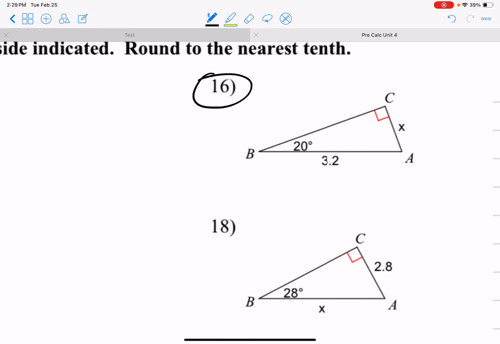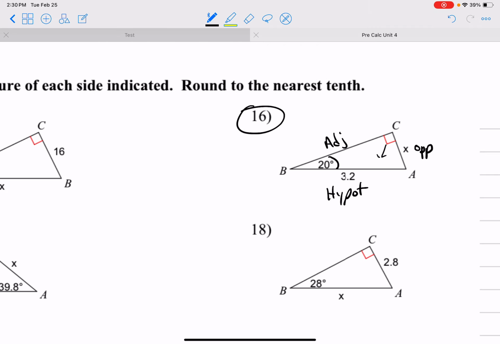All right, let's label around this triangle. We're going to use this angle. So I know that this is the hypotenuse. In accordance to 20, I know that this is the opposite. And in accordance to 20, I know that this is the adjacent. Okay.